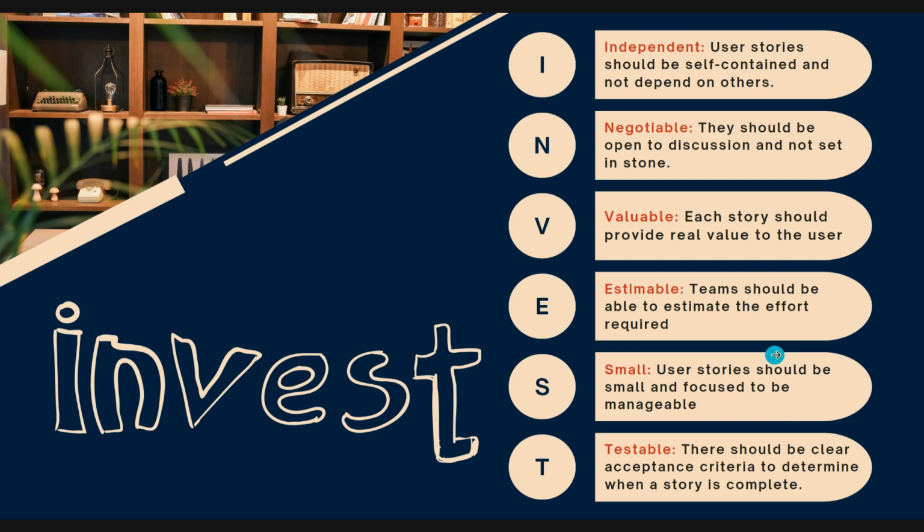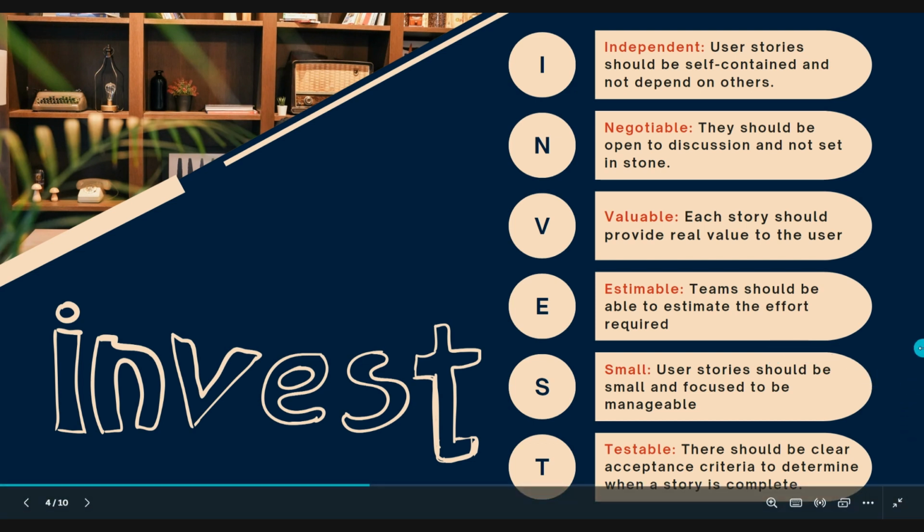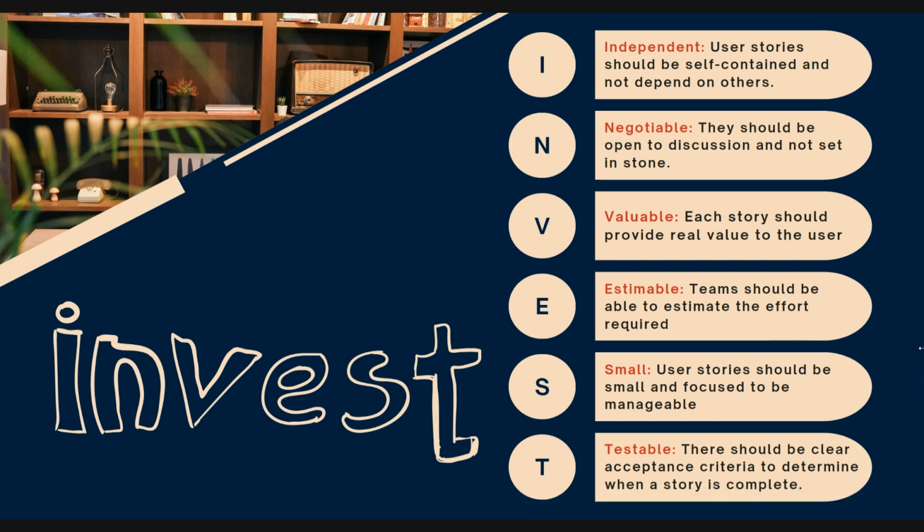Small. The same thing which I just spoke about. The story should be small and should be completed within the sprint cycle. Then testable. A story is testable when we know what value is coming out of it, and at the same time we are writing clear acceptance criteria which help us understand how we are going to measure whether the story is meeting the required output or not.